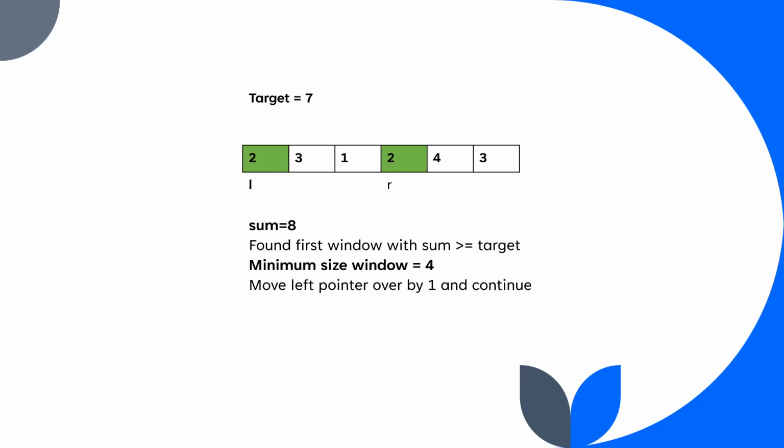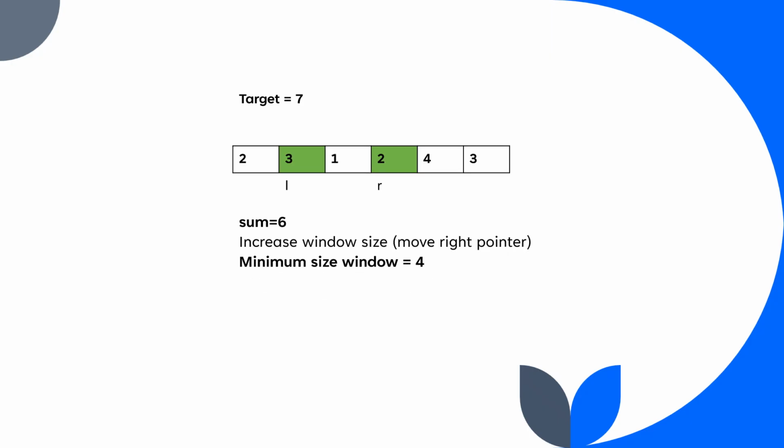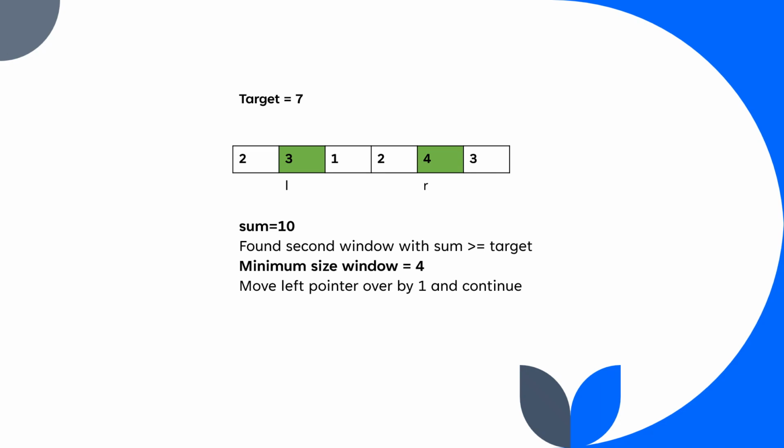Now we want to continue and search for other windows in this array. So we're going to move our left pointer over by 1 and continue. The sum is 6, so we need to increase the window size, so we do that by moving the right pointer. Our sum is 10, so we found another window that satisfies the criteria.